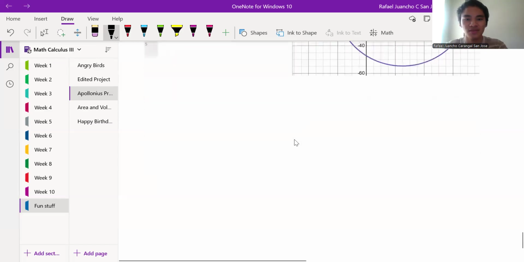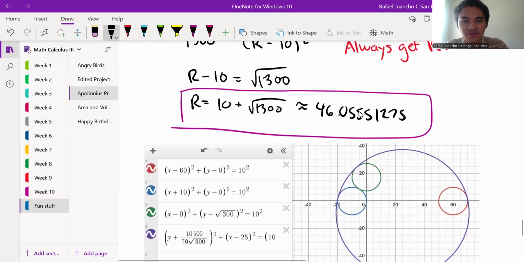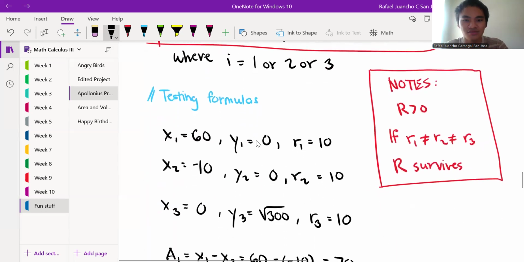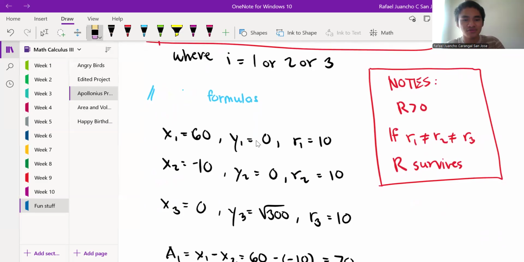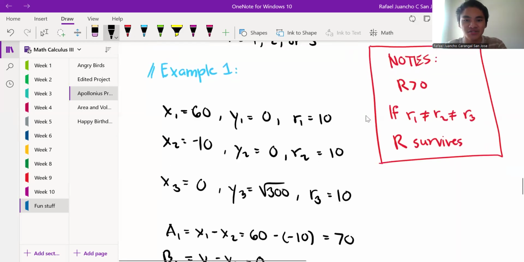Testing formulas, or let me just do examples. Also, let me change this to 1, 2, or 3, just that as a placeholder.